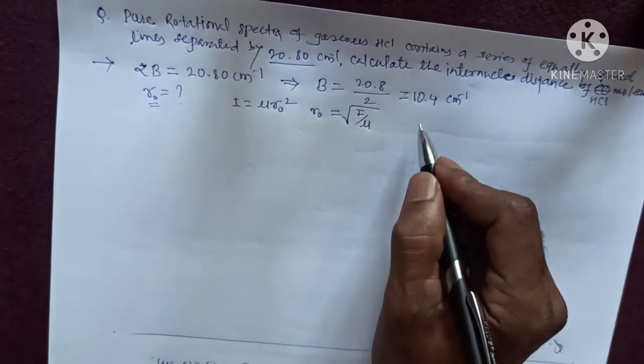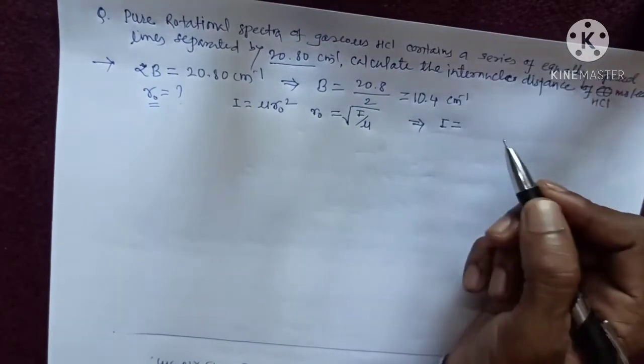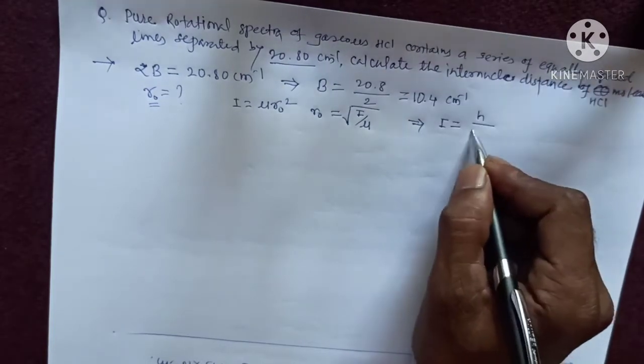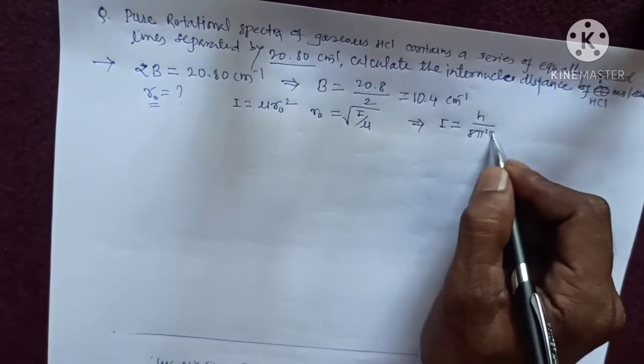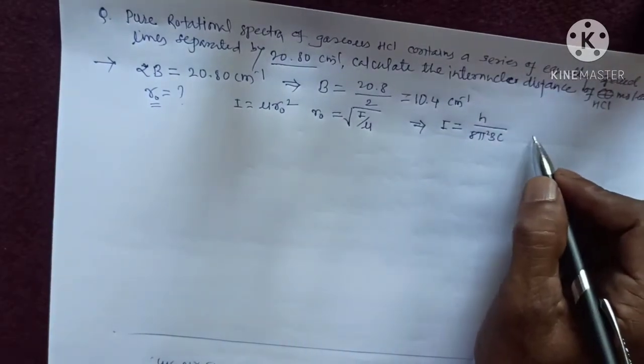So first of all, we need to determine the value of I, and the value of I will be determined by using the equation h upon 8 pi square Bc, and the value of mu.